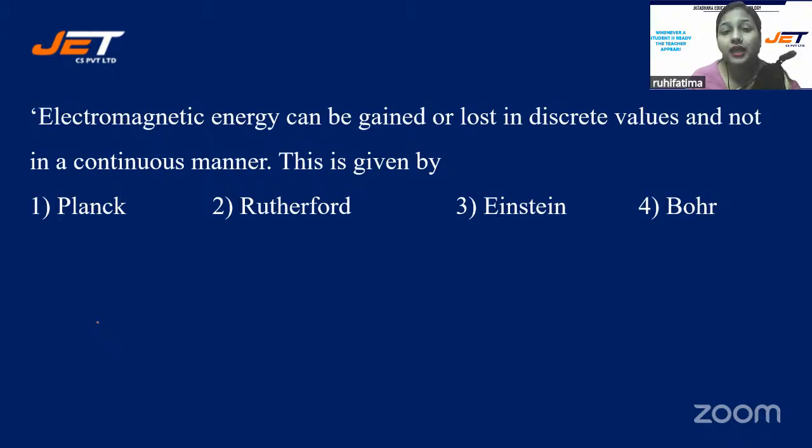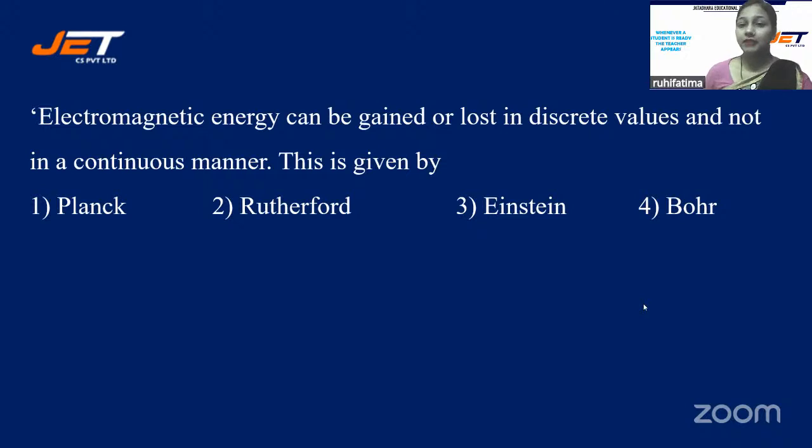Electromagnetic energy can be gained or lost in discrete values and not in a continuous manner. This is given by, and your options are number one, Planck, option number two, Rutherford, option number three, Einstein, or is it option number four, Bohr? So you all have to tell who gave this theory.